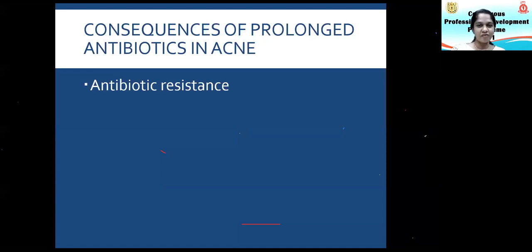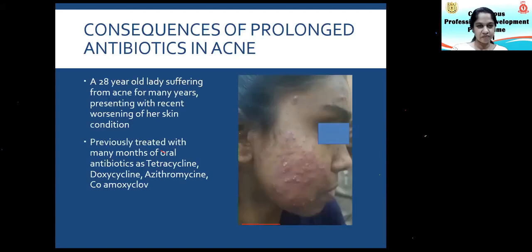Azithromycin was given for some time, but now the evidence says it has to be preserved for respiratory tract infections, so it is not recommended in acne unless other drugs cannot be given. Sometimes minocycline and cotrimoxazole can also be given as oral antibiotic therapy in acne, but resistance to all these agents is reported.